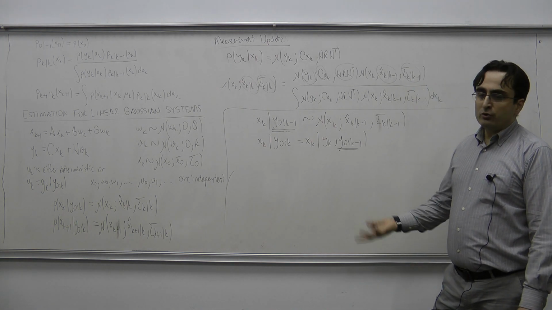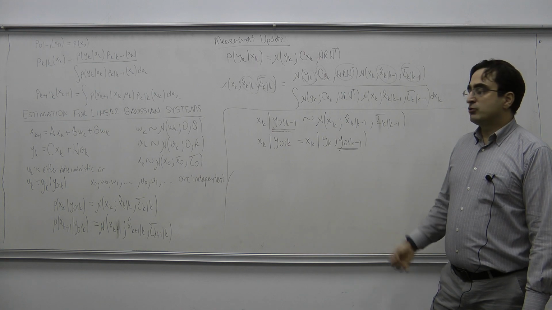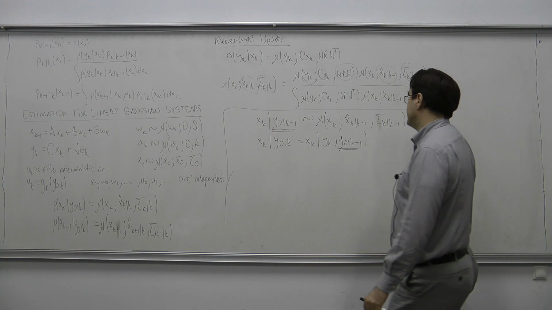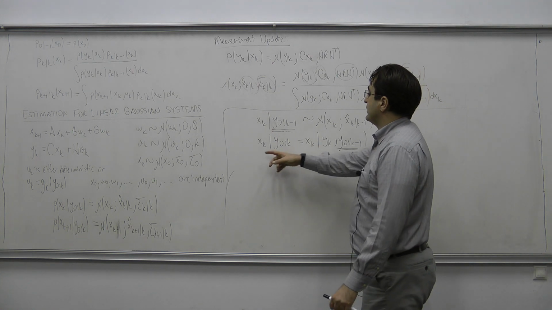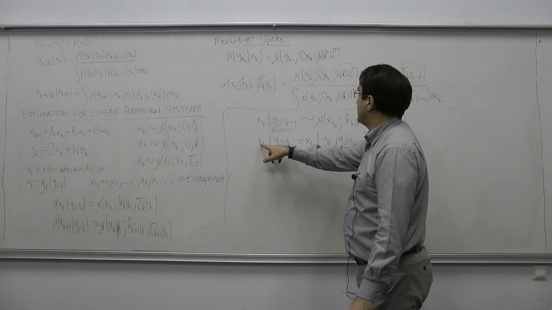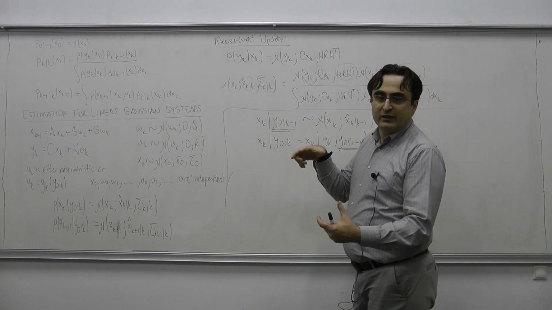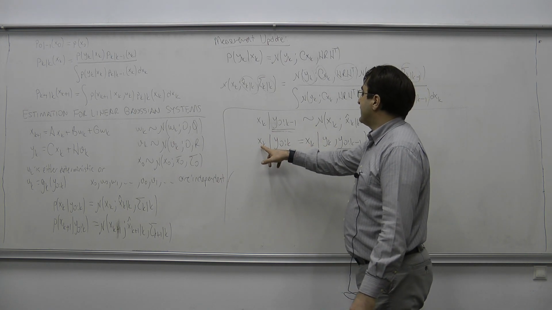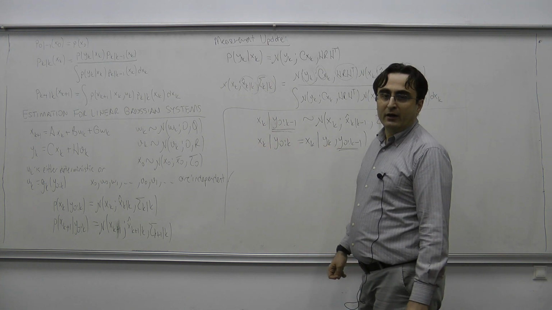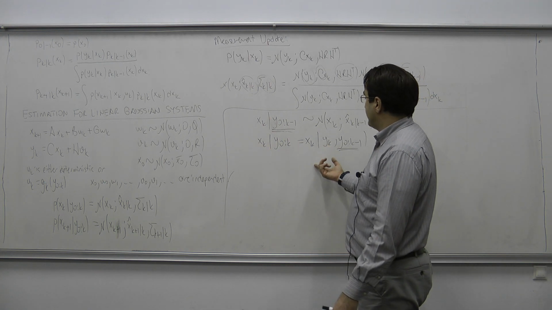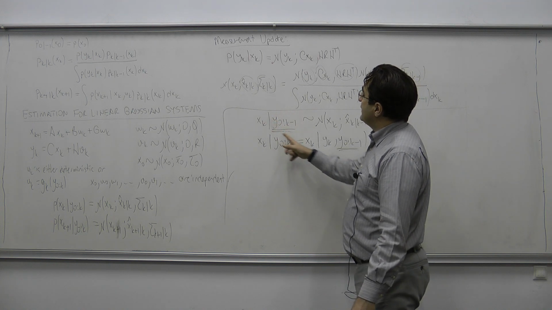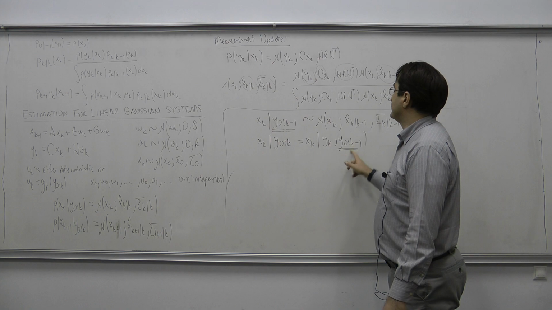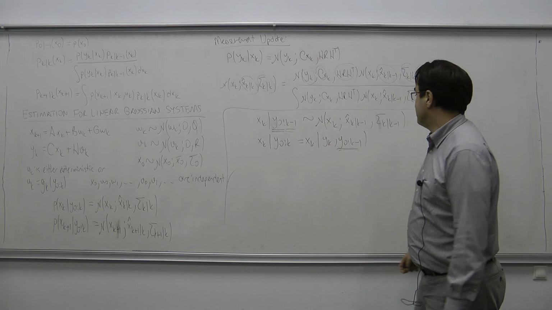Okay? So in order to be able to do that, we are actually going to be using the conditional Gaussian update formulas. So we know that when we have the variables x_k and y_k jointly Gaussian distributed, we know how to calculate x_k given y_k here. The only difference is that we have an additional conditioning of y_0:k-1 in both of the quantities. Okay?